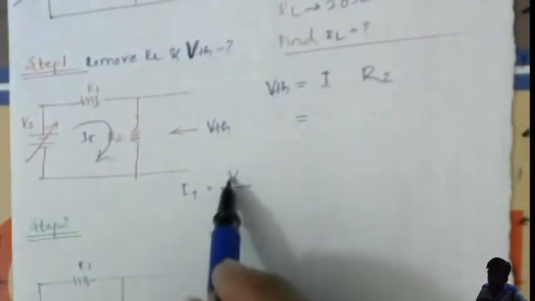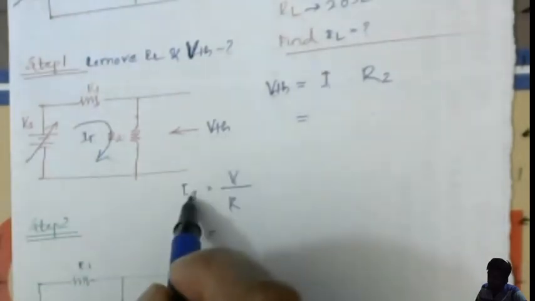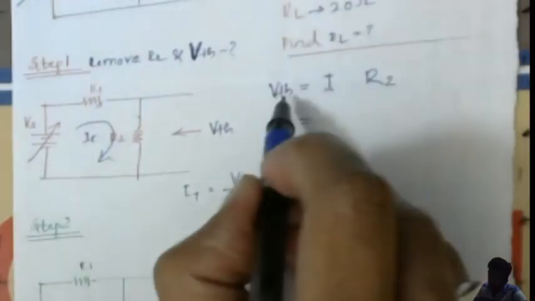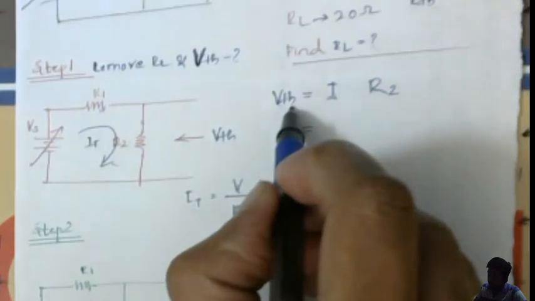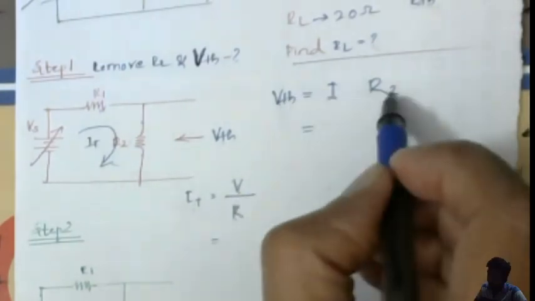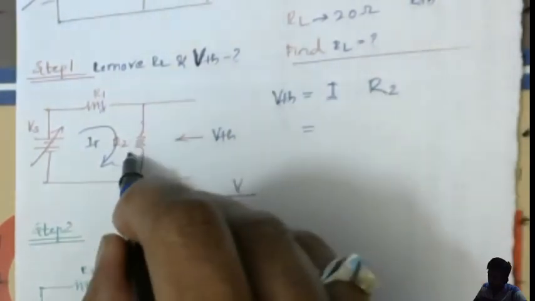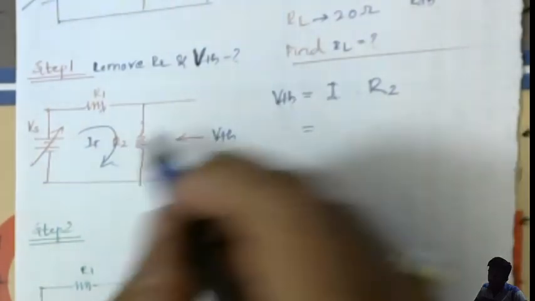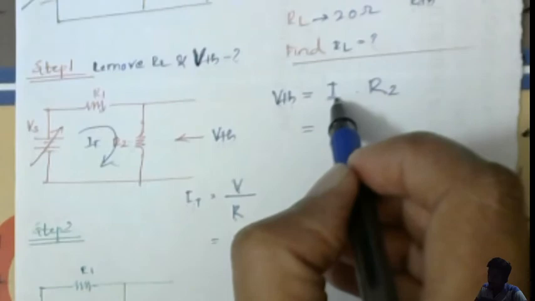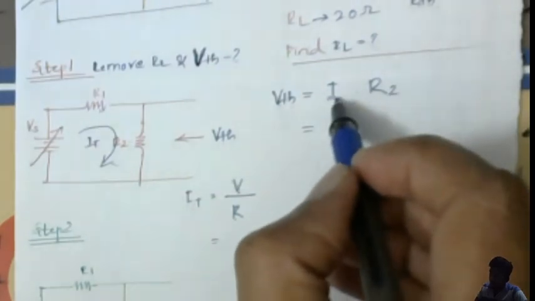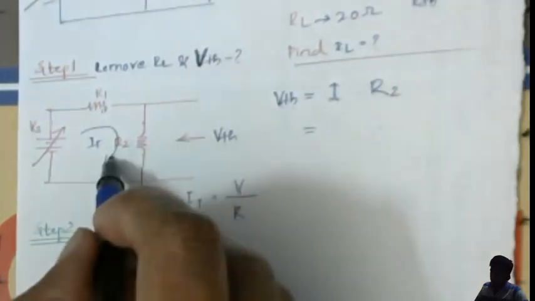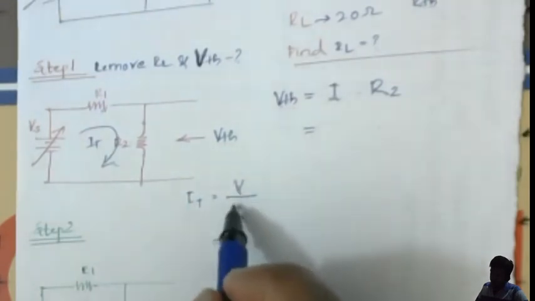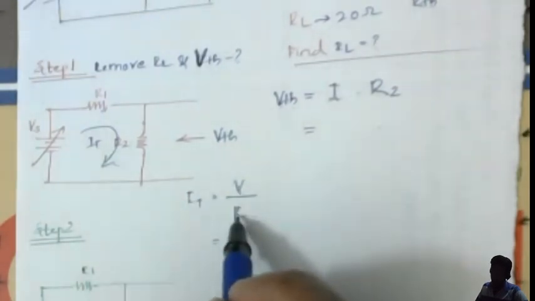In order to find out VTH, V is equal to I into R. R means R2, but the value of I is not given. Therefore, in order to find out I, you should find I is equal to V by R.